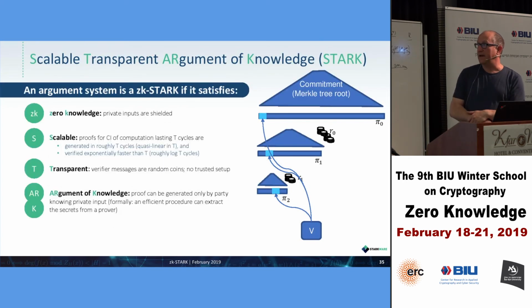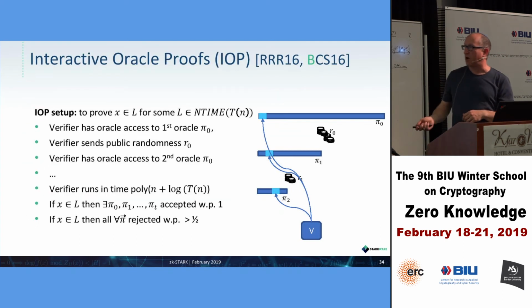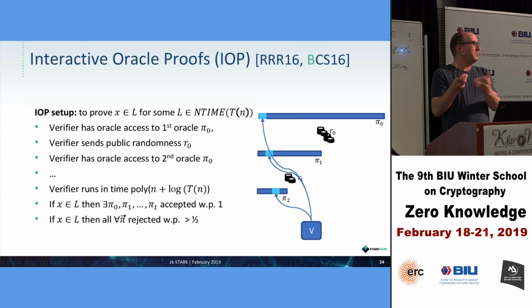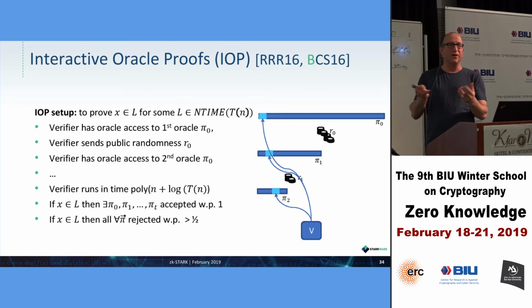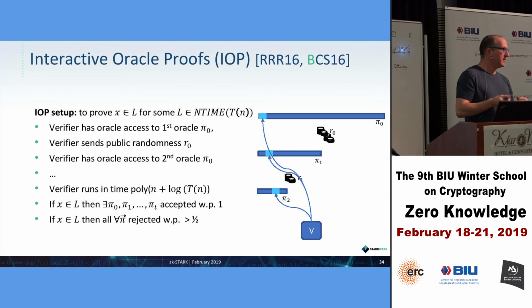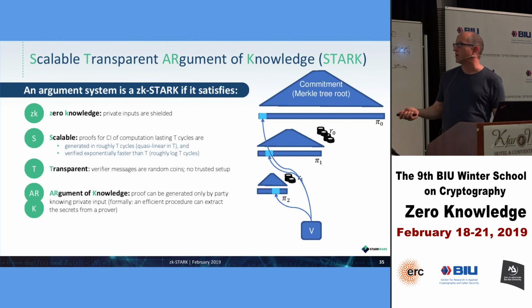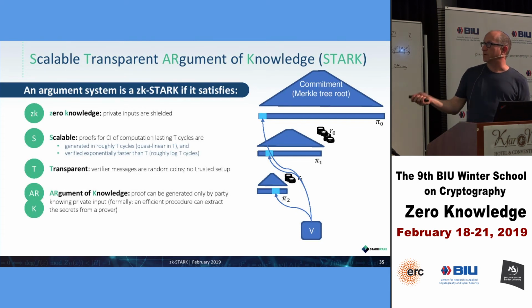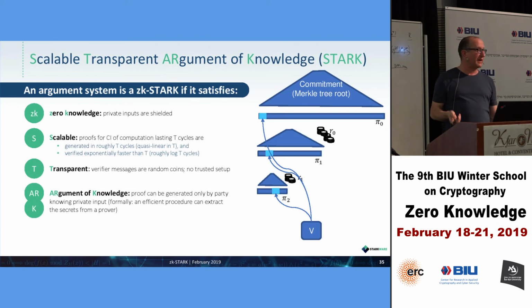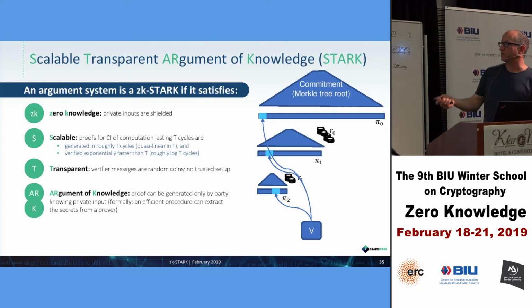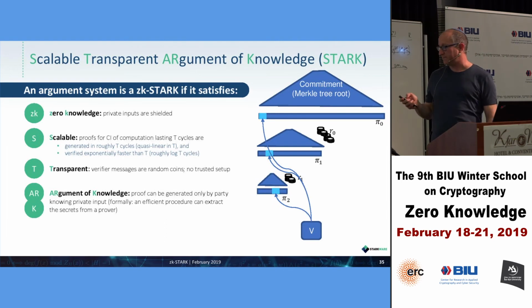And again, the IOP is an unrealistic model because it's not clear how we manage these IOPs and how we give oracle access to them in the world, let's say, of blockchains or the internet. The solution is to transform them using an analog of the method of Killian, but in an interactive way, to generate these Merkle trees and commitments and open them.